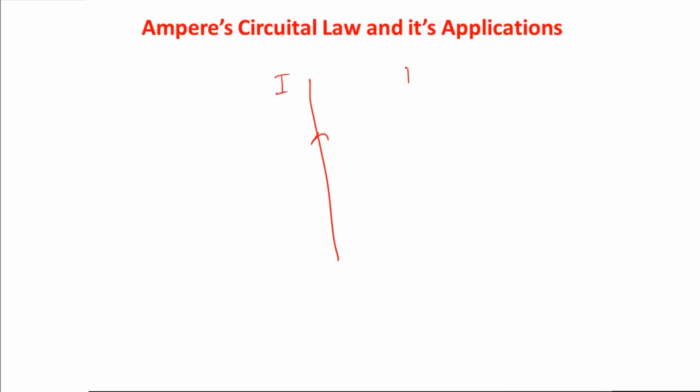So suppose I have a straight wire like this, and it is carrying current I. As you know, the magnetic field will be mu naught I by 2 pi r, if the distance you are interested in is at this point P, which is r distance away from the wire.